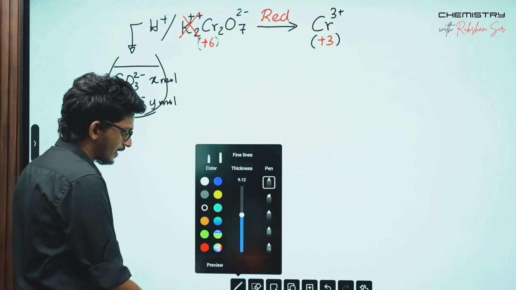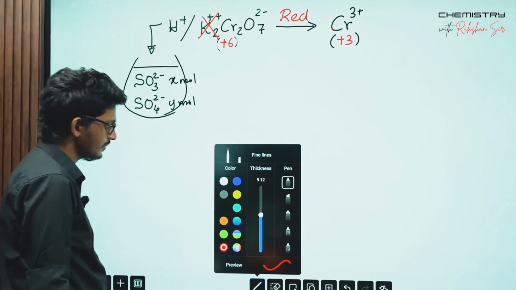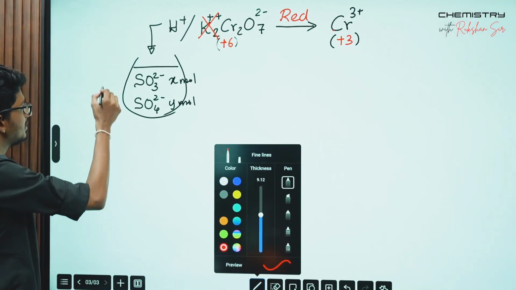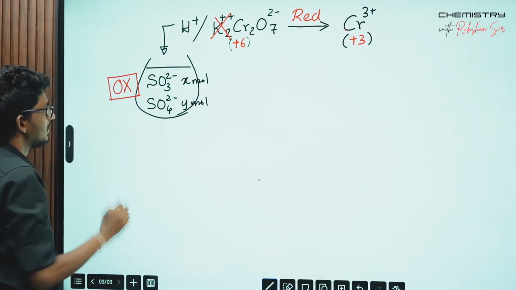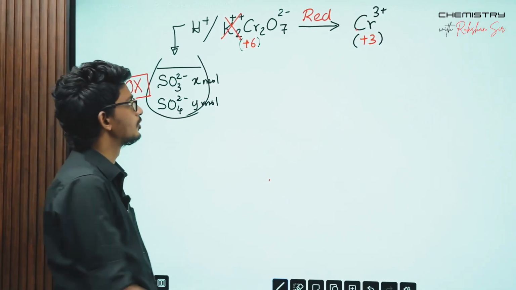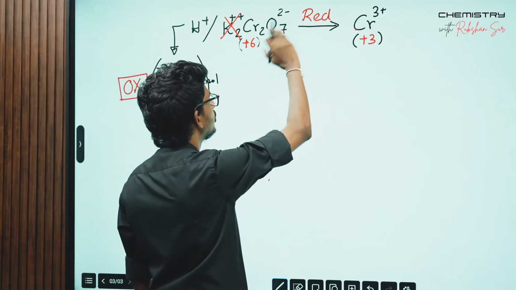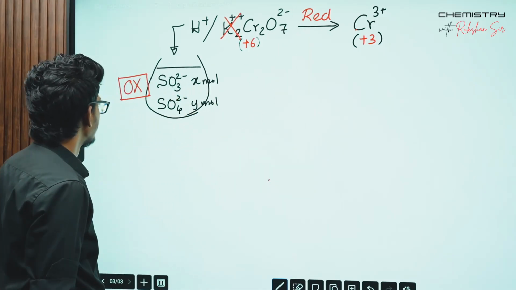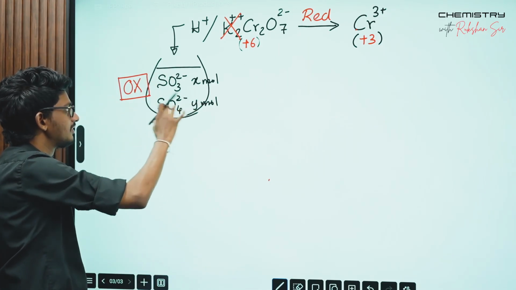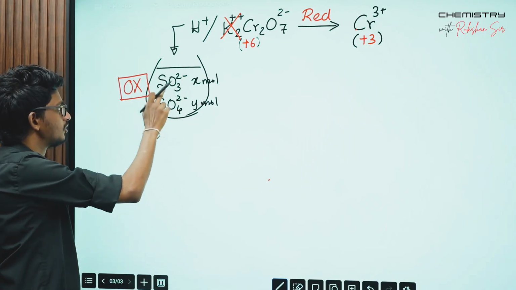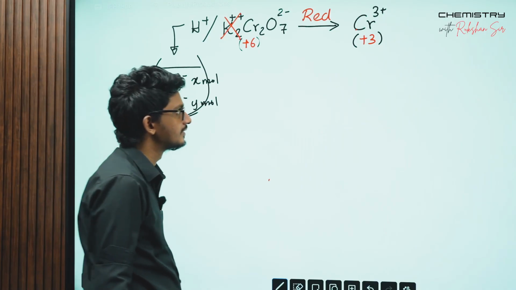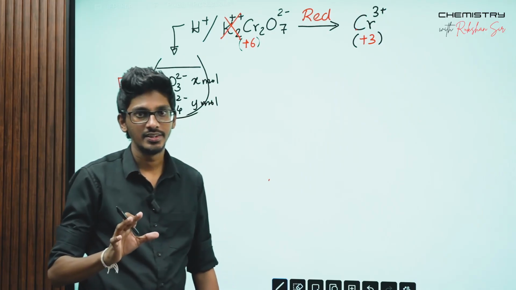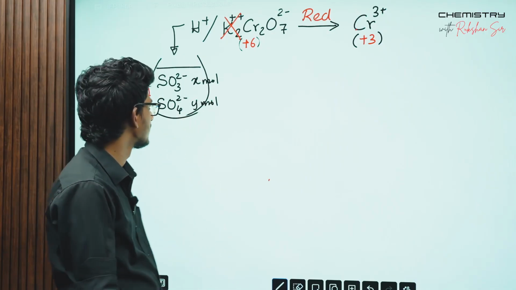That means it should be an oxidation occurring at the flask. For this guy to reduce and absorb electrons, there should be something which will release electrons. Some kind of oxidation should occur at the flask. Let's see which guys are going to react here.